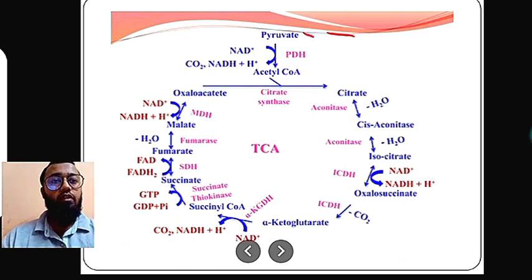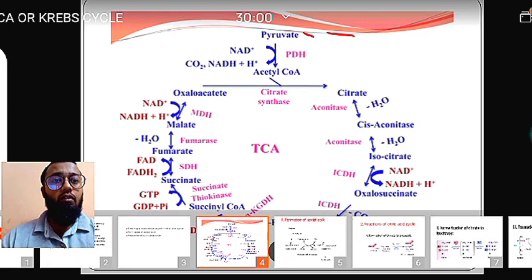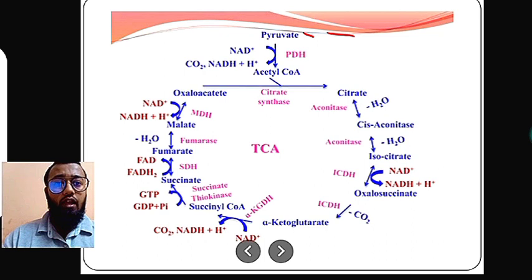So it is the first step where the formation of the pyruvate is there, and after the formation of the pyruvate it reacts to form acetyl CoA, and then acetyl CoA enter into the TCA cycle, and the main citric acid cycle happens, and it is a cyclic process.